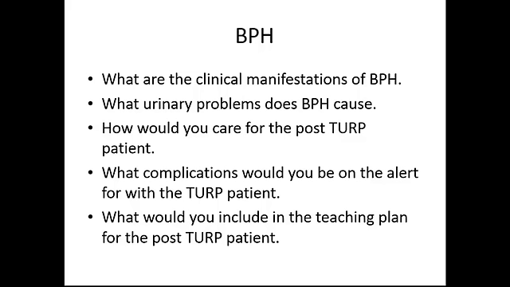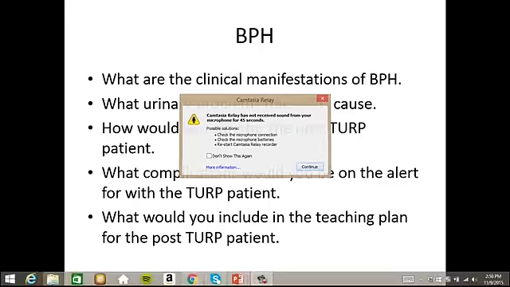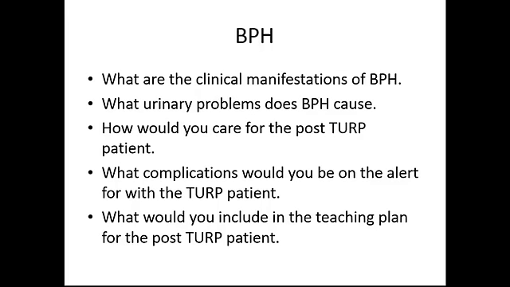All right, now, sometimes they cannot reach the prostate tissue by doing a urethral approach, right? Or retrograde approach. So they have to do open surgery. They are going to do a prostatectomy.